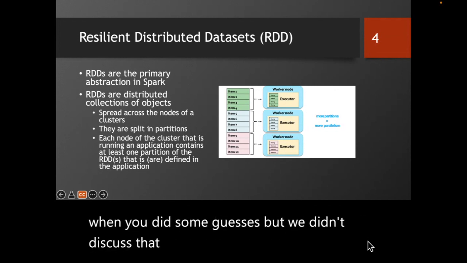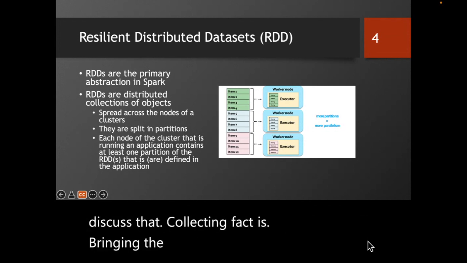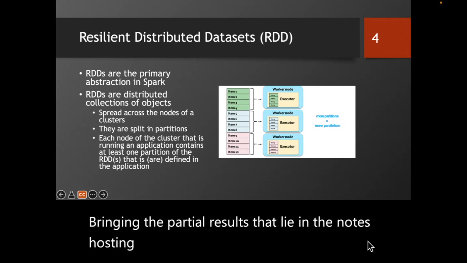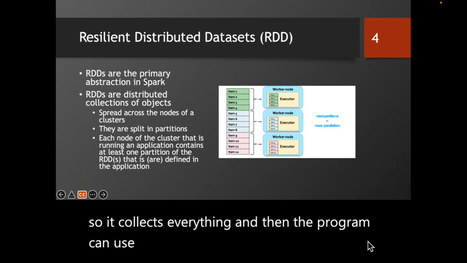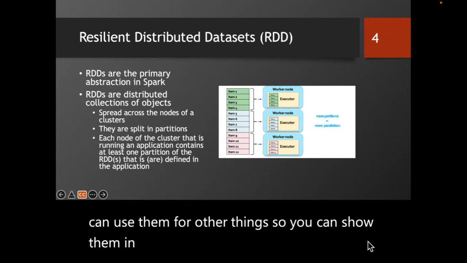Collect, in fact, brings the partial results that lie in the nodes hosting the workers into the driver space. And so it collects everything, and then the program can use them for other things, or you can show them on a screen, or whatever you as a programmer want to do.